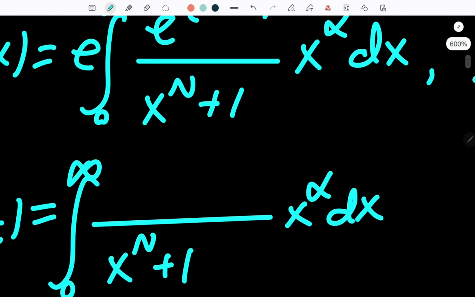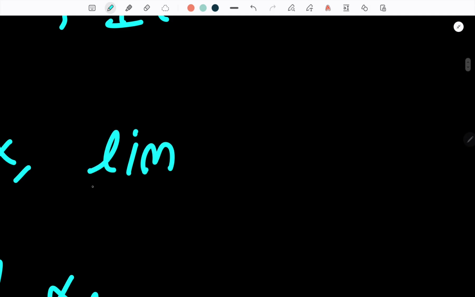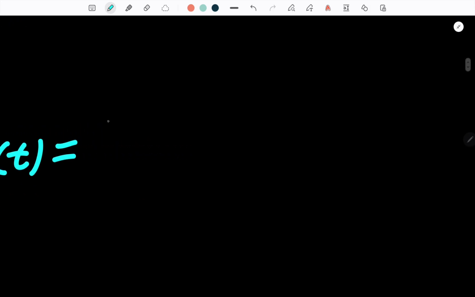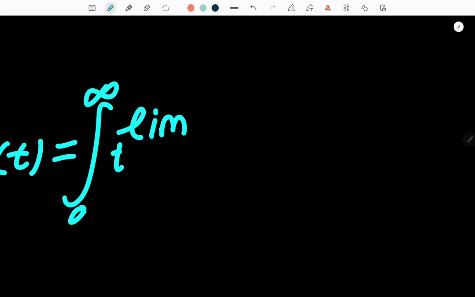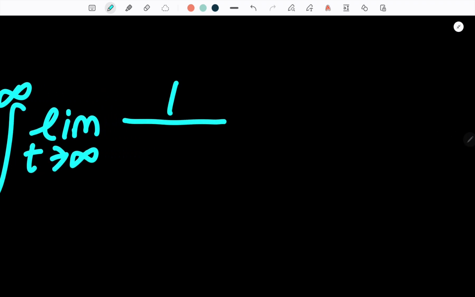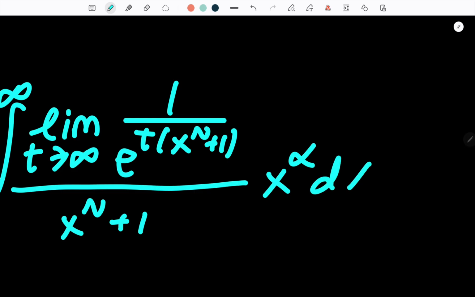Now, hopefully this makes sense. I'll write it over here to make more sense. Okay. The limit, as t goes to infinity, of f of t is going to be the integral from 0 to infinity of the limit as t goes to infinity of 1 over e to the t times x to the n plus 1, divided by x to the n plus 1 times x to the alpha dx.